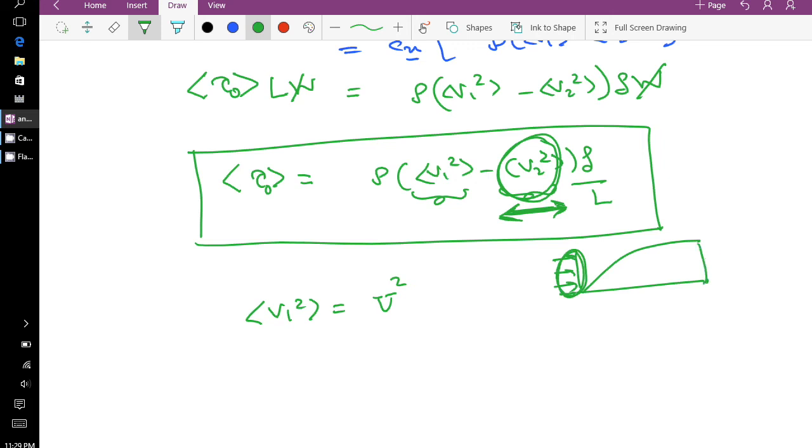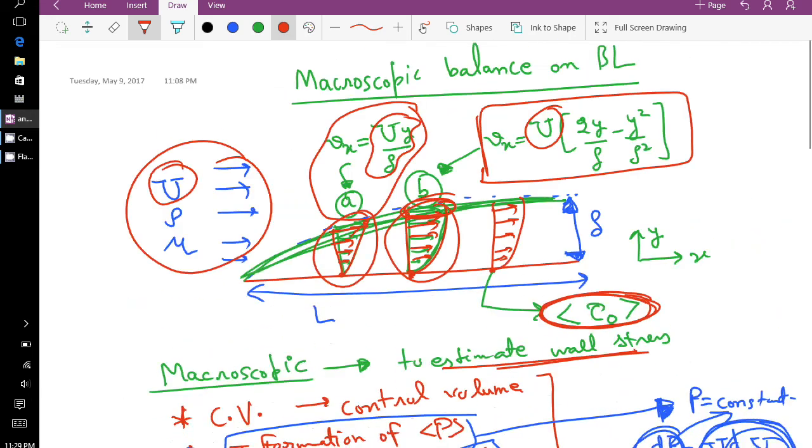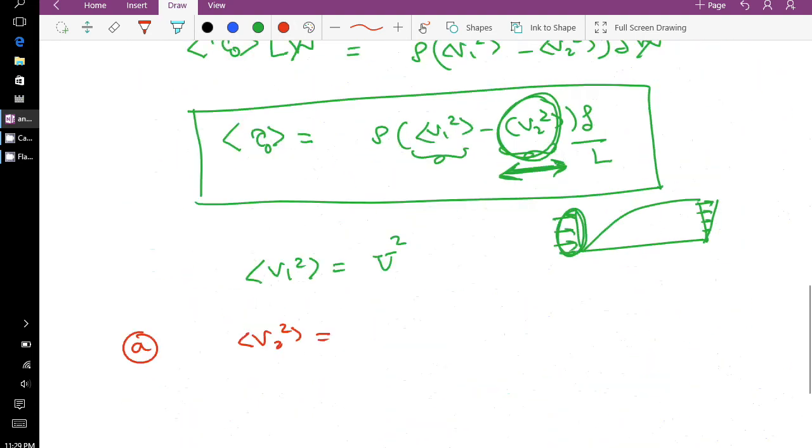But here we have two cases for the v2 square. The first case is that we assume the velocity to be linear, and the second case we use the quadratic. So first let's assume linear, which is u y by delta.